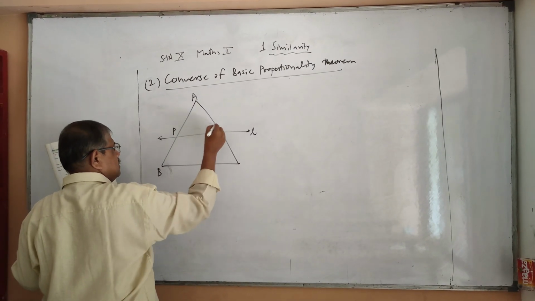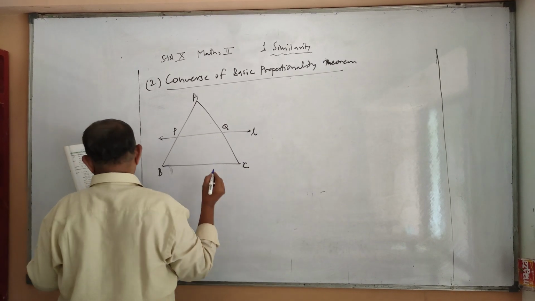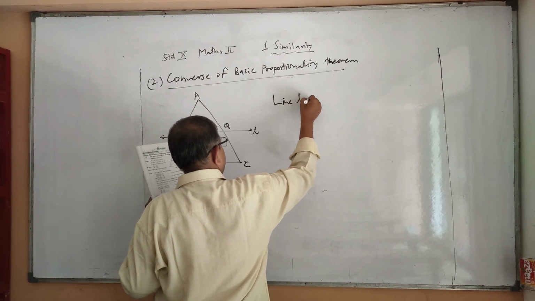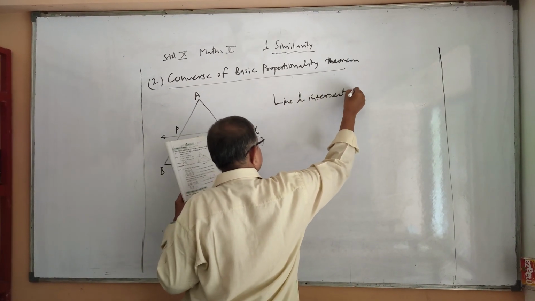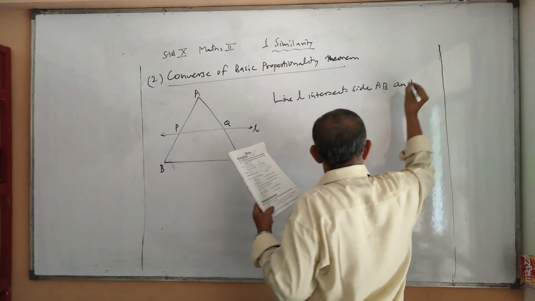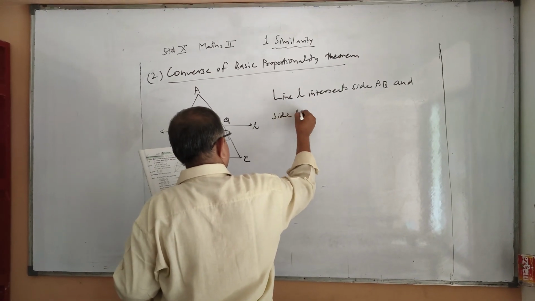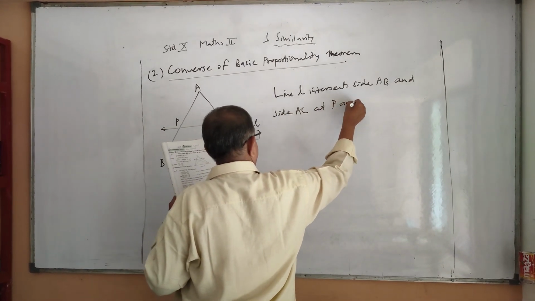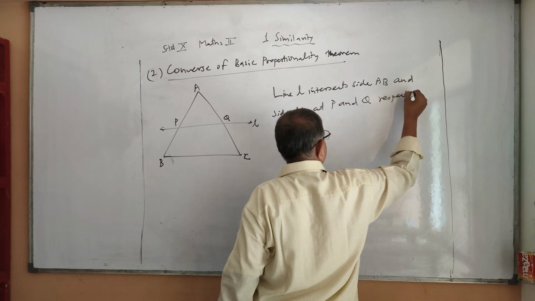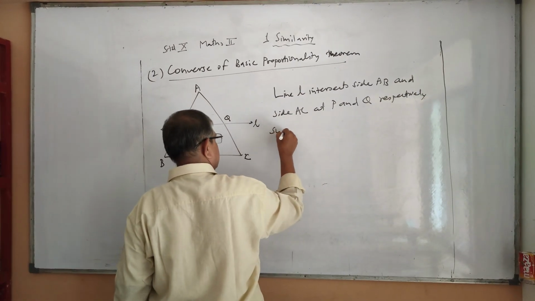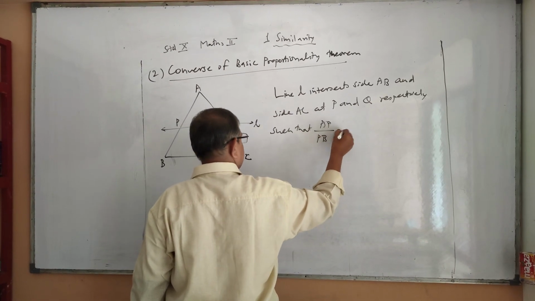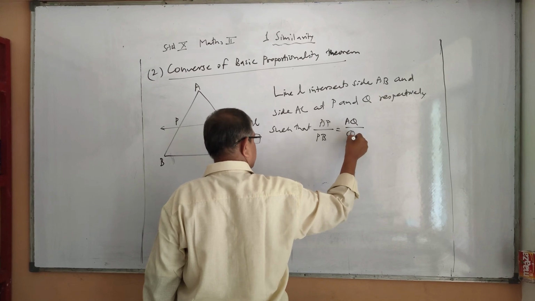Such that line L intersects side AB and side AC at P and Q respectively, such that AP upon PB is equal to AQ upon QC.